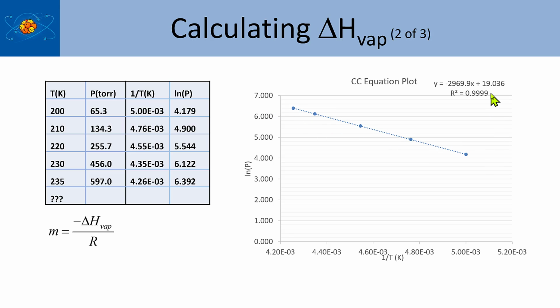And then I just used Excel to generate the equation for the line. So I have m, and that's going to be equal to negative 2969.9. The units are Kelvin.